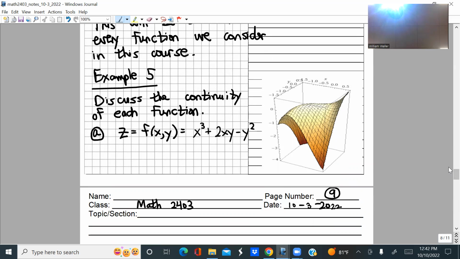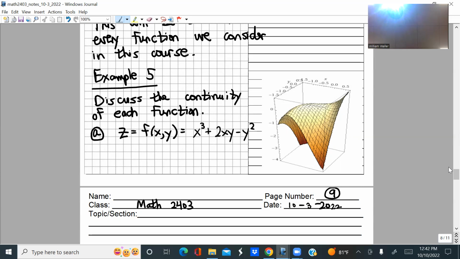Because again, remember, it only has non-negative whole number powers of x and y input variables, and they're just being added and subtracted. So that constitutes a polynomial. Polynomials are the nicest sort of functions, right? They're continuous everywhere. Okay? So this one is continuous everywhere because it's a polynomial.